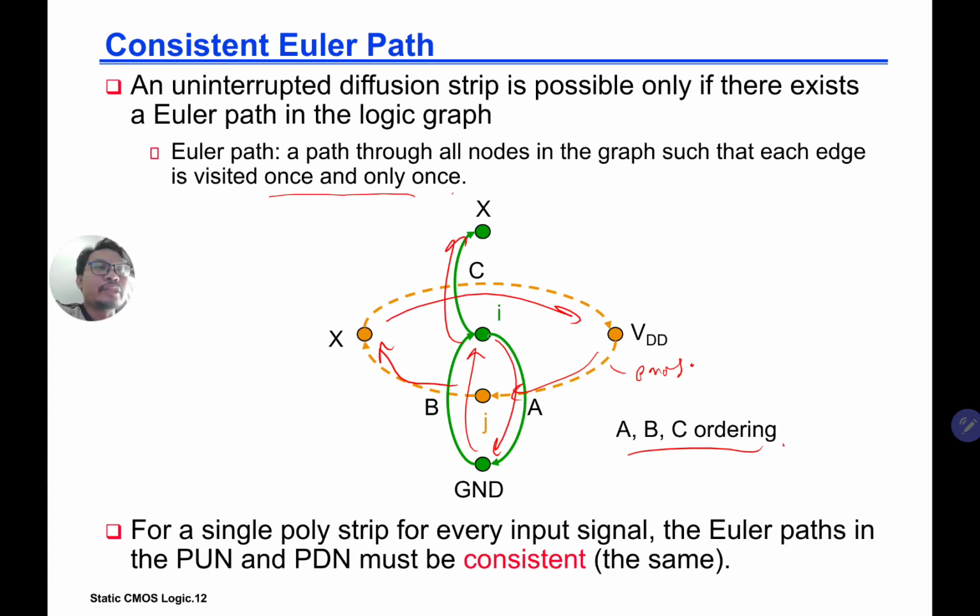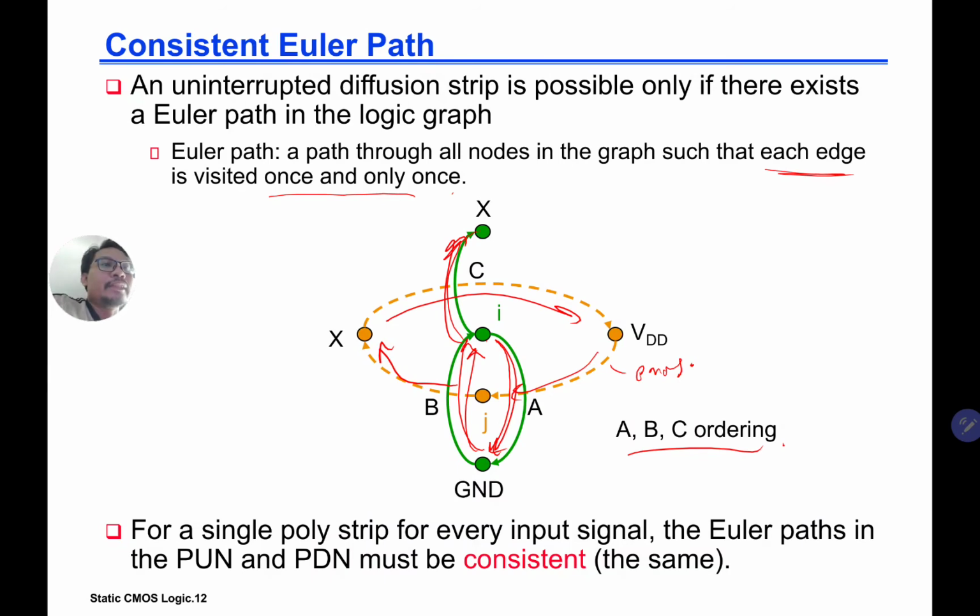So A, B, C. Each edge is visited once, not node. So A is visited already, so we cannot visit it anymore. Now B is visited, done, and then C is visited. So we managed to visit every edge once.